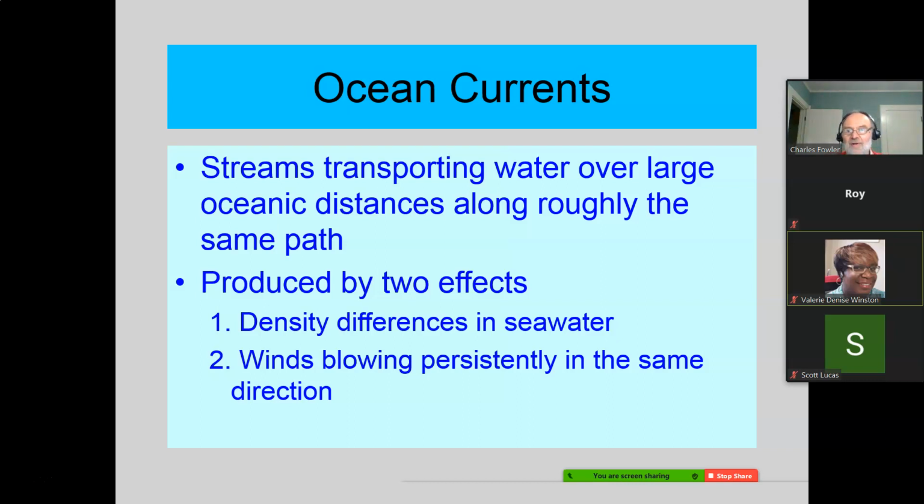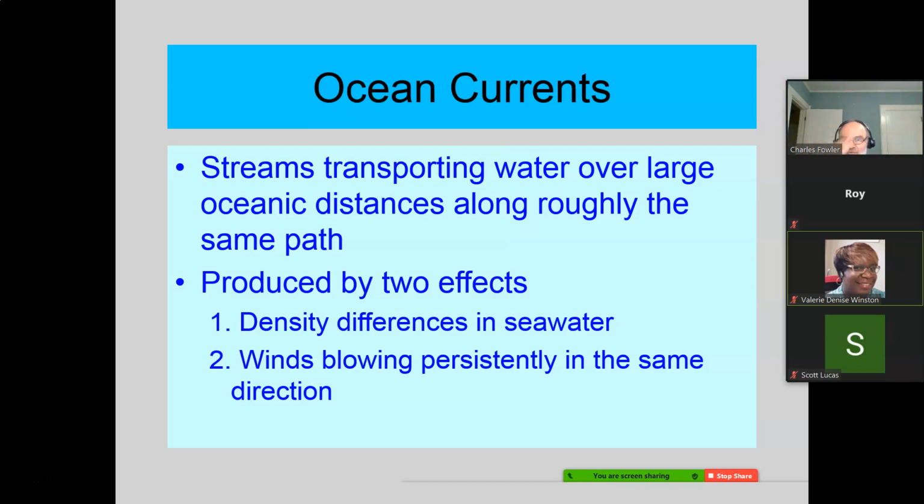What an ocean current is, well, this is a strange sort of concept. It's kind of like a stream would be on land, except it's in the water. So here's a stream that's transporting water over large oceanic distances along roughly the same path constantly.